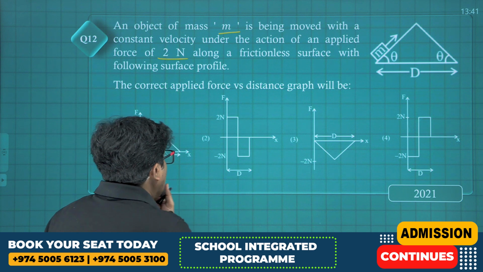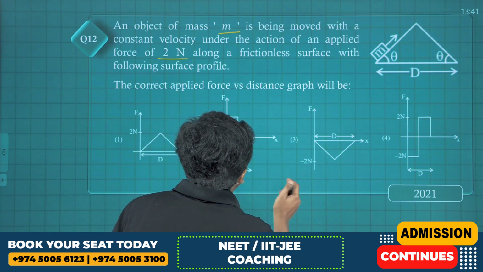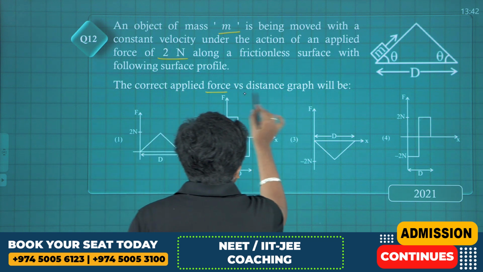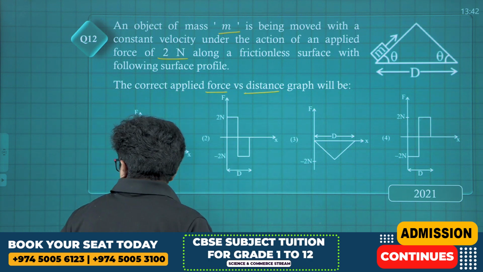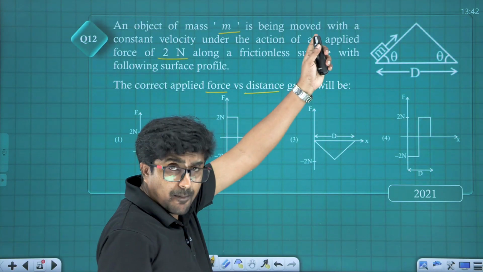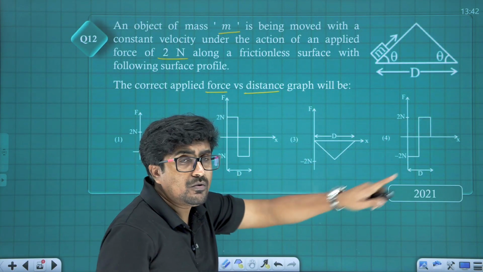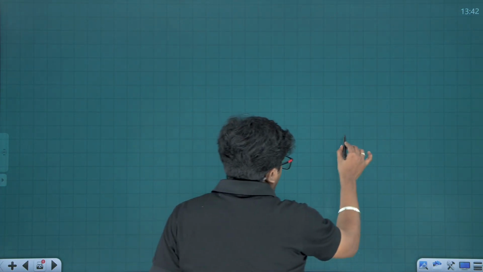So we need to identify the correct applied force versus distance. I repeat, force versus distance. If you closely watch, this body is moving up and after that coming down, and the speed remains the same.